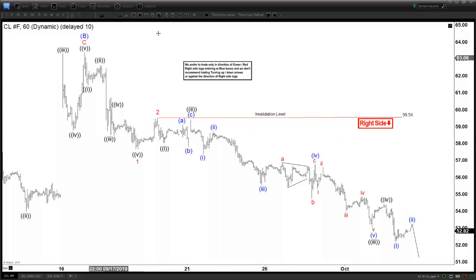So today we're going to be updating the chart of oil, 60 minutes chart. So what happens after the drone attack here? Now Saudi Arabia says they have fully recovered the lost output, and when there was an 18% gap on the weekend after the drone attack, we've been warning our members not to be overly bullish on oil because of this.